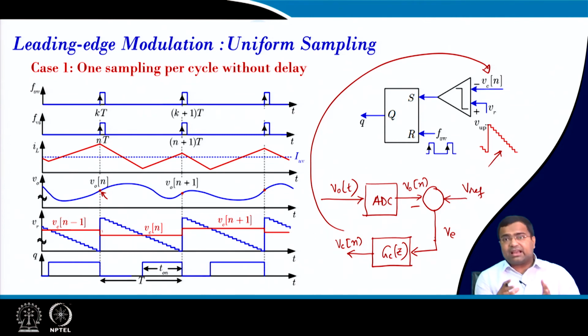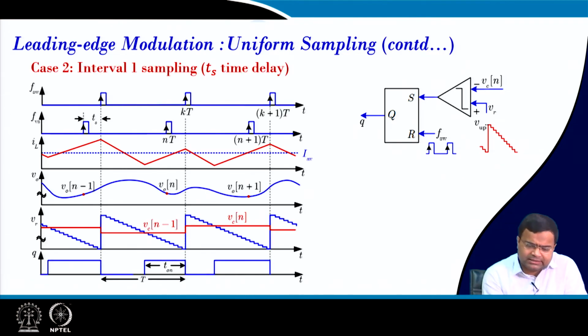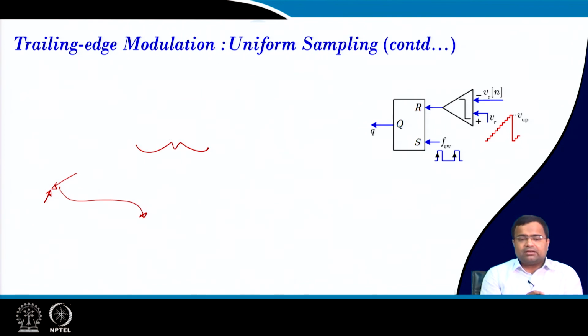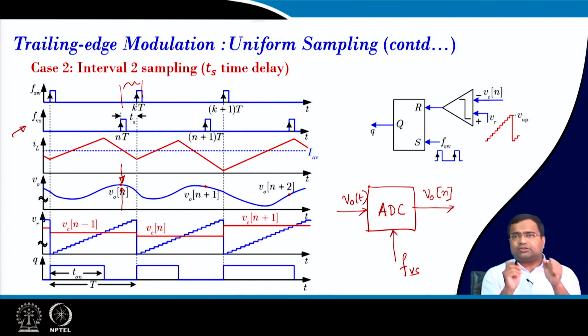By that way we can generate the PWM, but there will be delay here. To accommodate that, we need to provide a delay, and this is called interval 1 sampling, because we are actually sampling during the on state, mode 1. The earlier case in trailing edge modulation, we were talking about interval 2 sampling, because we are actually sampling during the off state of the switch. That is why it is called interval 2 sampling.